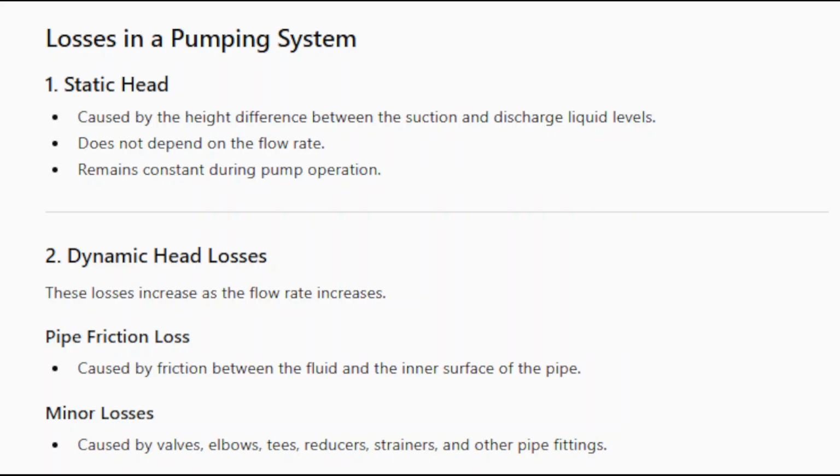As the liquid flows through the pipe, a portion of its energy is lost in overcoming this friction. The second component is minor losses. These losses are caused by pipe fittings and components such as valves, elbows, T's, reducers, strainers, and other fittings. As the liquid passes through these components, the flow direction or velocity changes, creating additional resistance and resulting in energy loss.